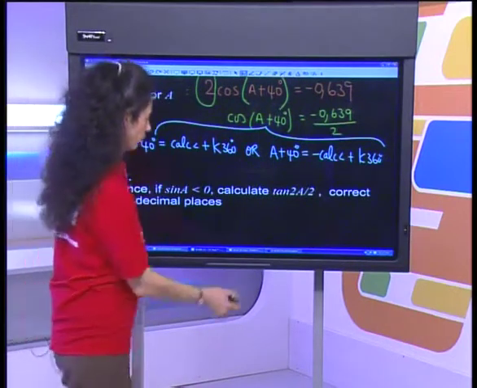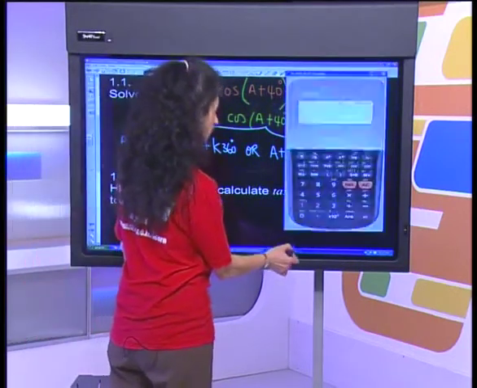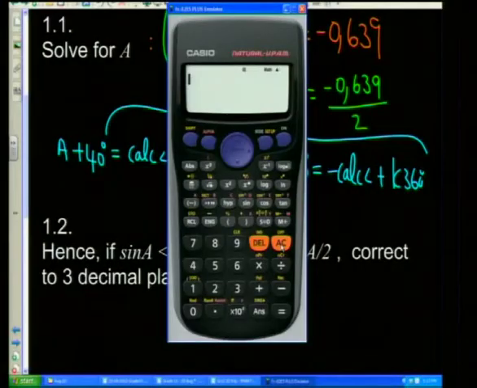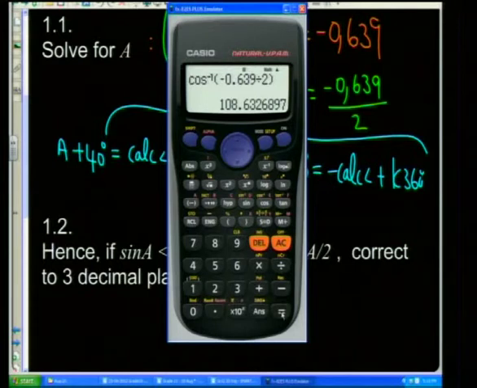Okay, and now we're going to go to the calculator. We need this -0,639 that we're going to divide by 2. And we're getting, can you see, 108,6?